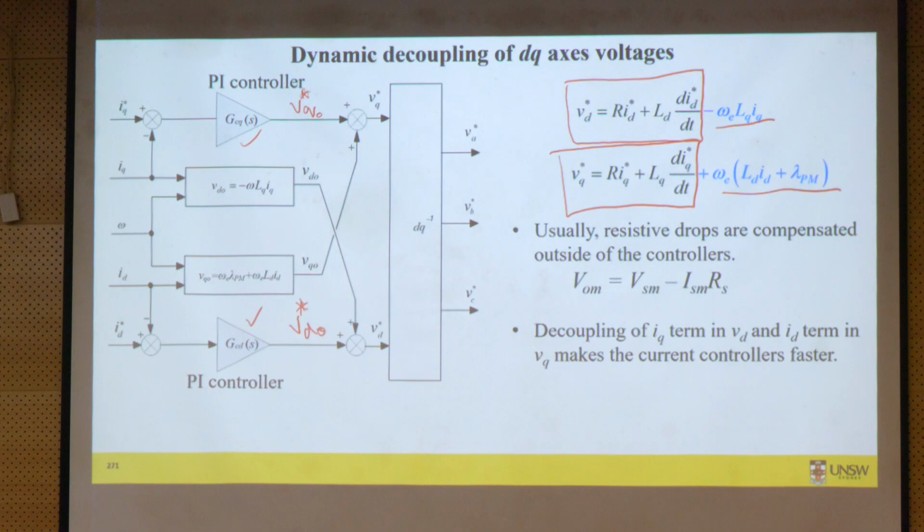And then we add our decoupling terms to them, this one and this one, and at the end we get the total VD and VQ, which you would then do a DQ inverse transformation on to get VA, VB, VC, and this is your reference voltage for PWM.